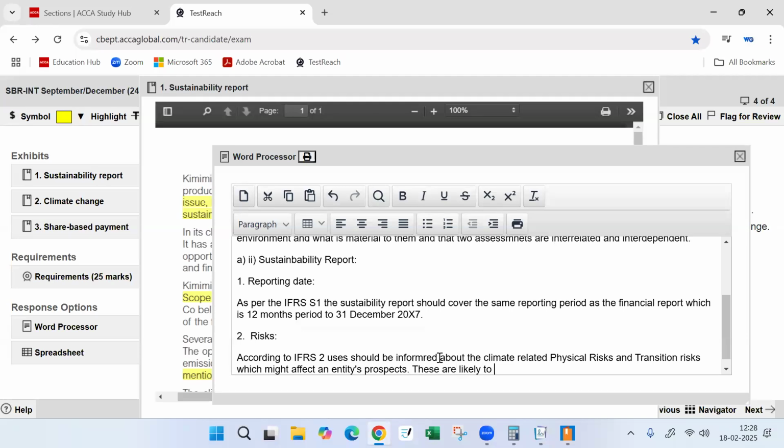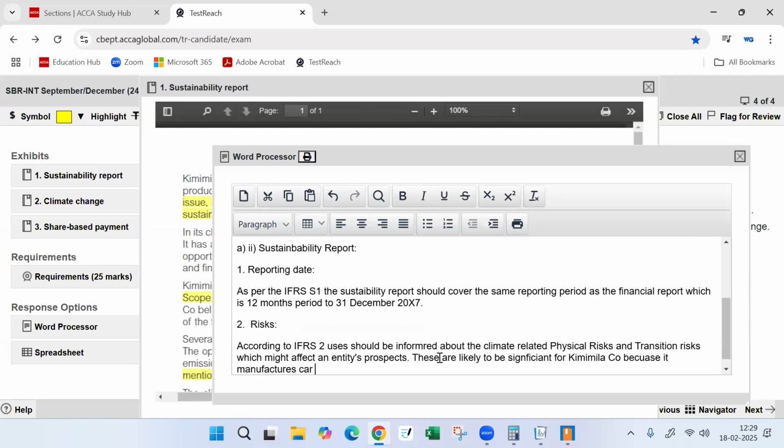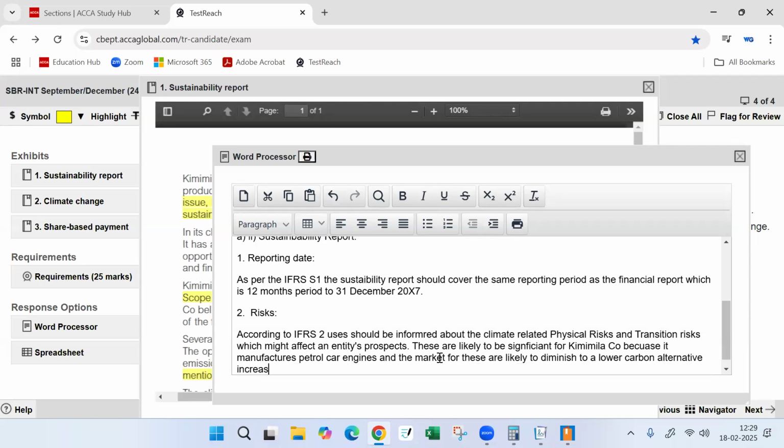These are likely to be significant for Kimi Mila company because it manufactures petrol car engines, and the market for these is likely to diminish as the demand for a lower carbon alternative increases.